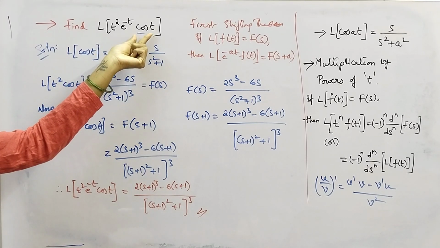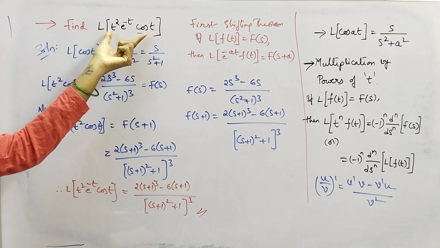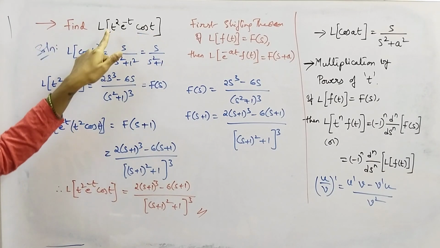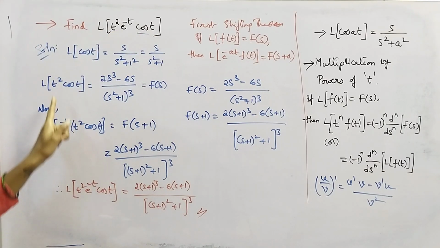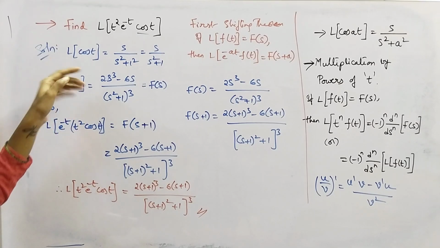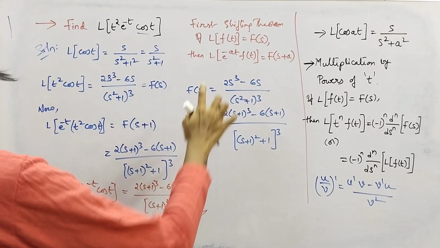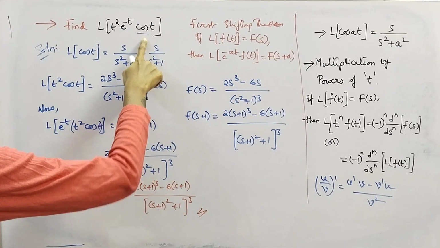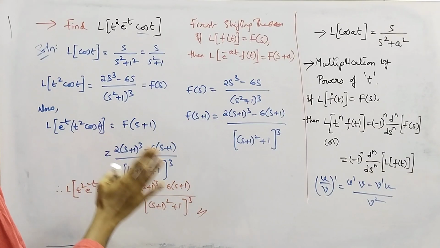First, we'll find L of cos t, and then we'll use multiplication by powers of t to find t square cos t, because it is easy. If you can find e power minus t cos t, you can go for it. There's nothing wrong in it, okay?